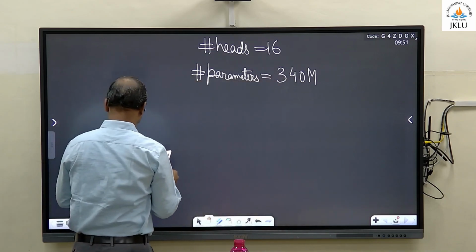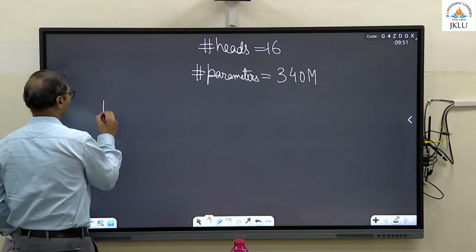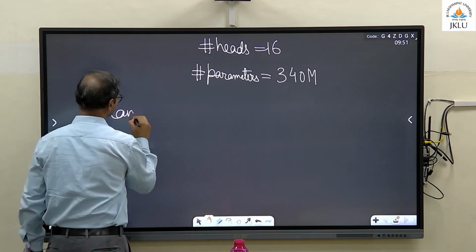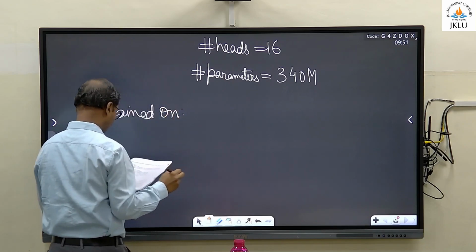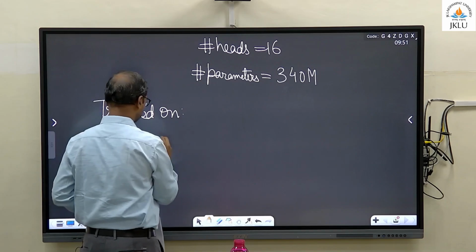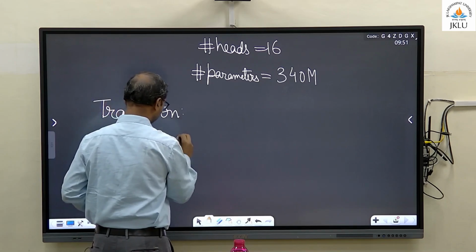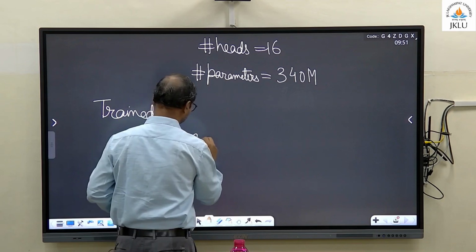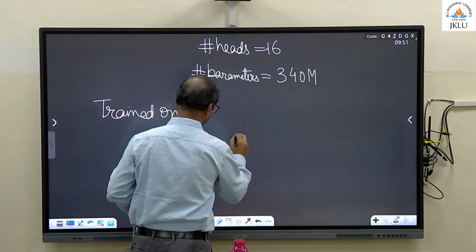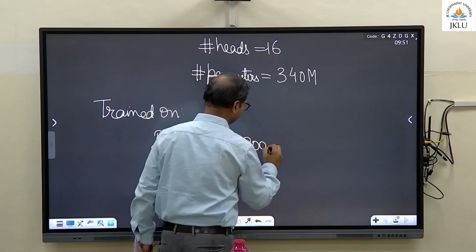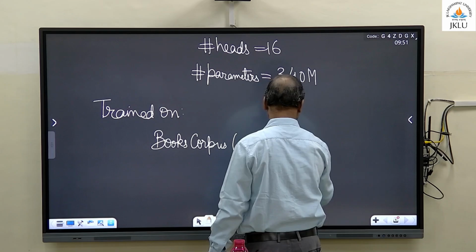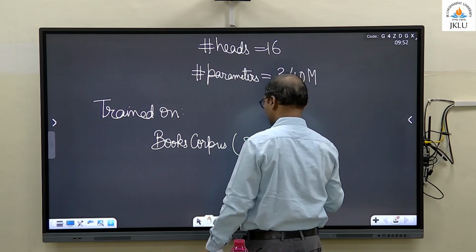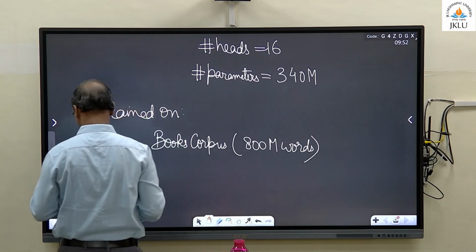Trained on that, remember what did we use for GPT? BooksCorpus, where they had 800 million words, I think, and English Wikipedia.